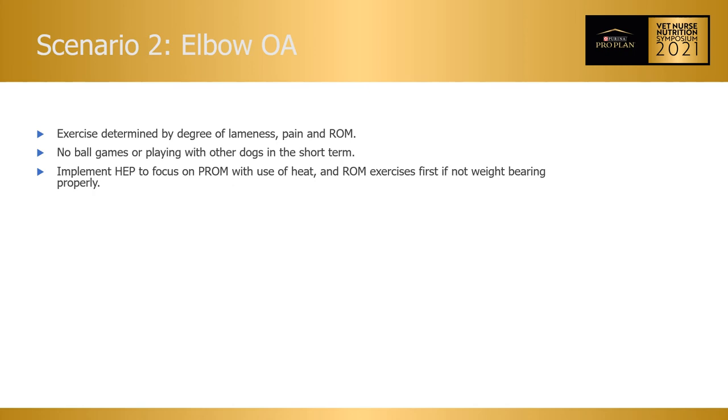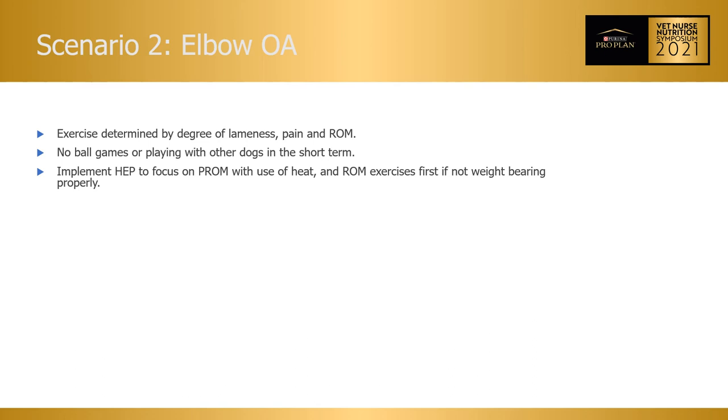We'll look at implementing a home exercise plan, and this again depends on how well that patient's currently doing. So if we've got a very painful elbow arthritis case, then it may be that we look at passive range of motion exercises initially with the use of heat to facilitate this.